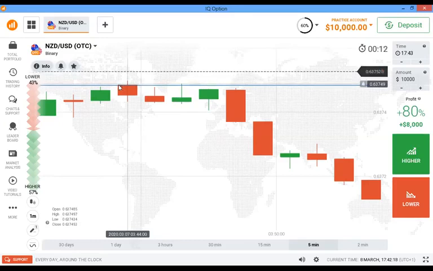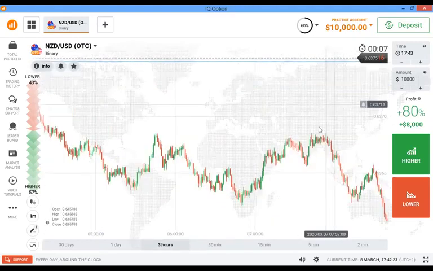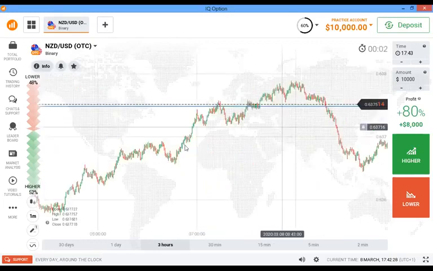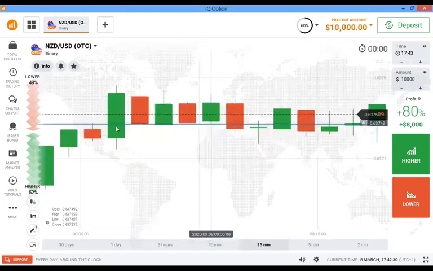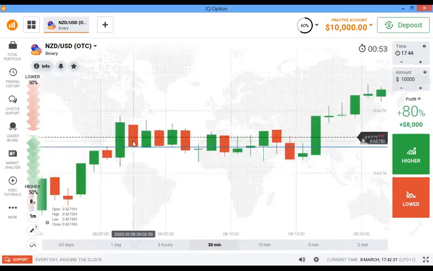You can see it's touching the body of this bearish candle. And again, on the right side, it's also touching the body of this bullish or bearish candle. So it means that this level is strong.